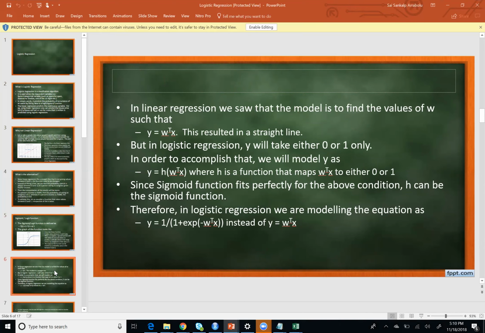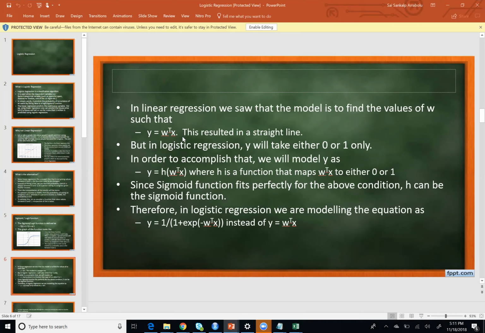In linear regression, we saw that the model is to find the values of W such that it fits a straight line, right? That's what we did 10 minutes back. We tried to find W such that Y equals W transpose times X. This will result in a straight line. But in logistic regression, Y will either take the value 0 or 1, so you cannot have this model.